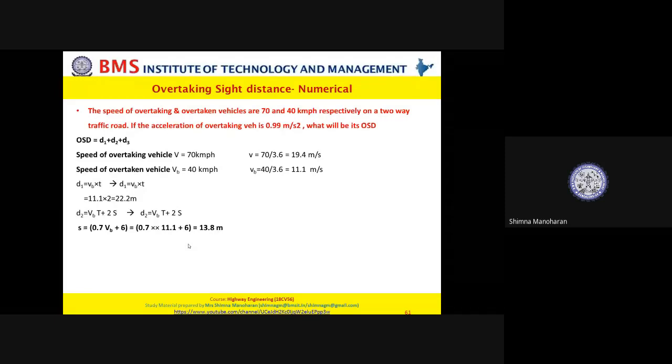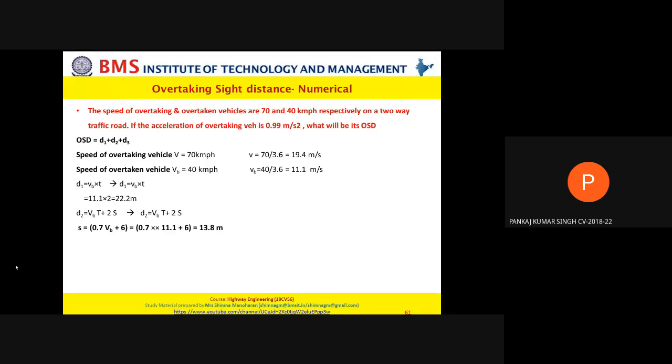Manohar? Yes, ma'am. Are you getting this value for S? I'm calculating. Yeah, calculate it. Pankaj.